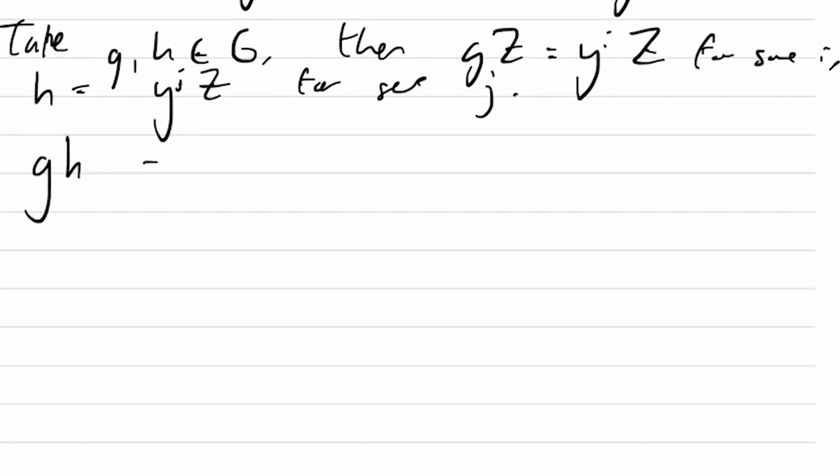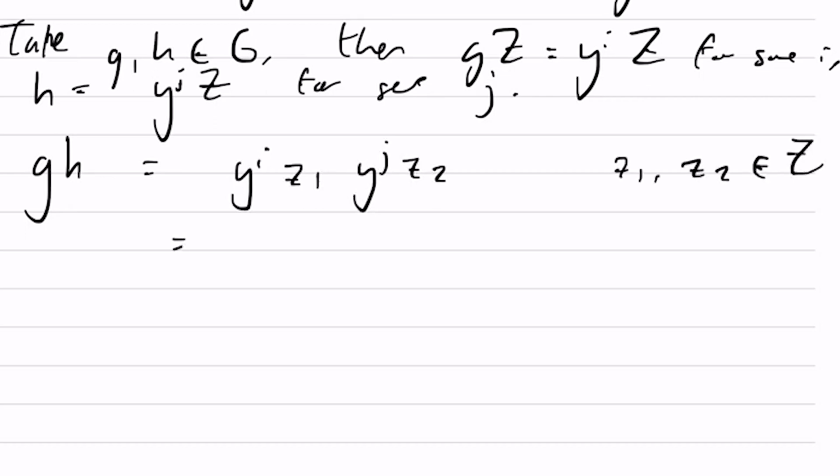Thus, gh equals y^i z1 y^j z2 for some z1 and z2 in Z, which is going to be y^i y^j z1 z2, since z1 and z2 are in the center, so we get that commuting.